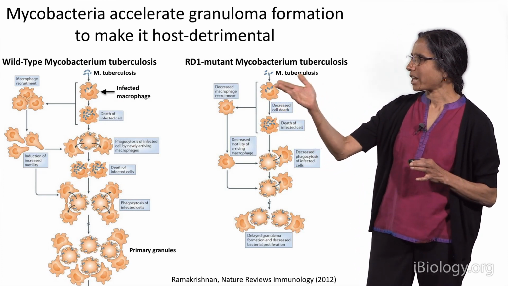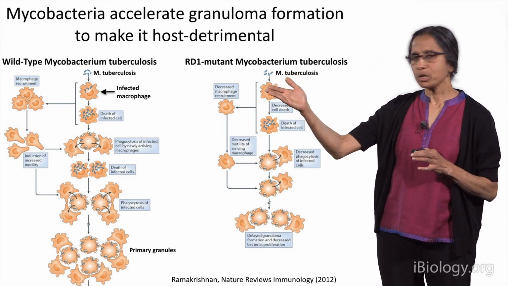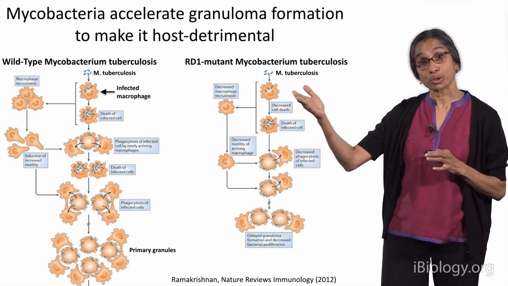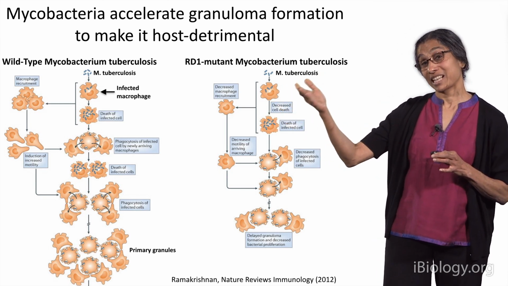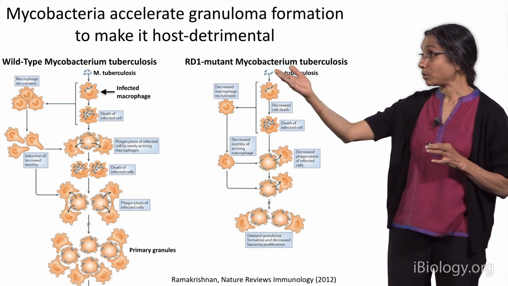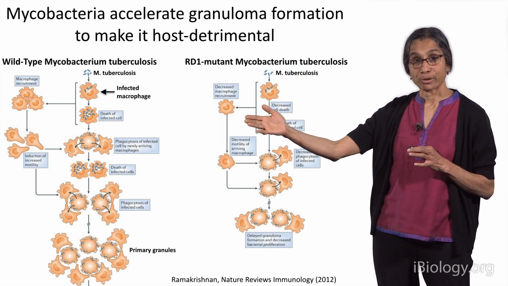So to summarize this, let's take a look at what happens in the mutant first. Because in the mutant, the granuloma might actually be functioning as a host protective structure as it might be meant to be. You've got an infected macrophage. It dies at a slow rate.